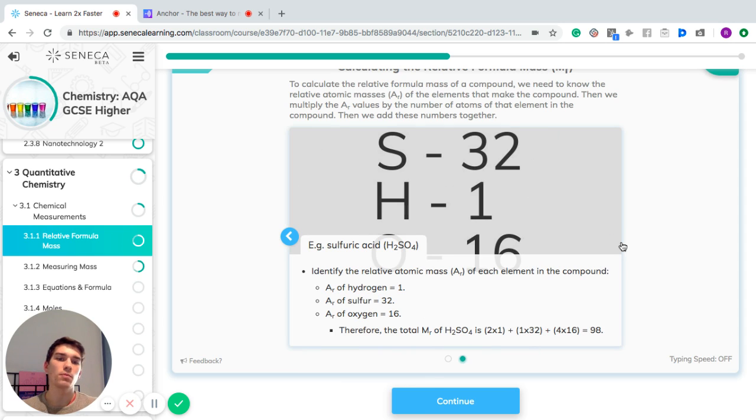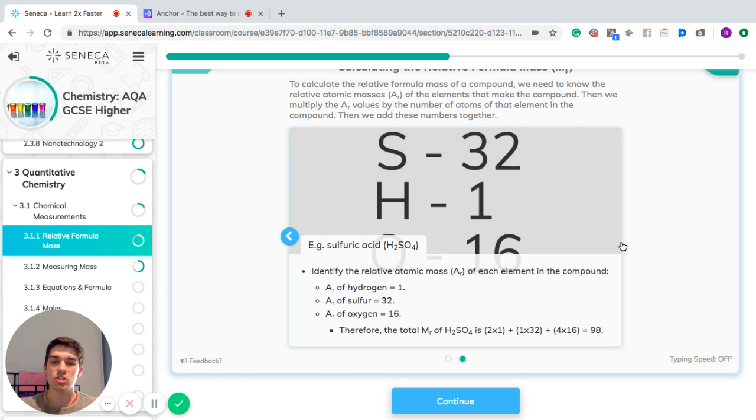Another slightly more complicated example. So if we've got sulfuric acid, chemical formula for that is H2SO4, and the relative atomic mass of hydrogen is 1, the relative atomic mass of sulfur is 32, and the relative atomic mass of oxygen is 16.